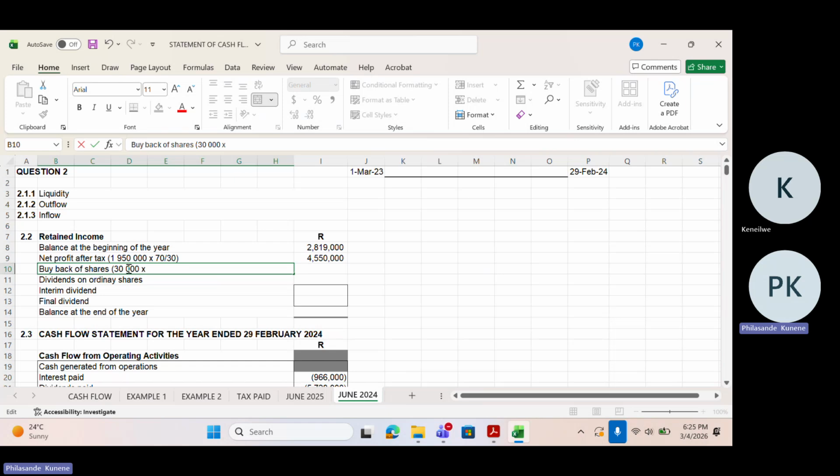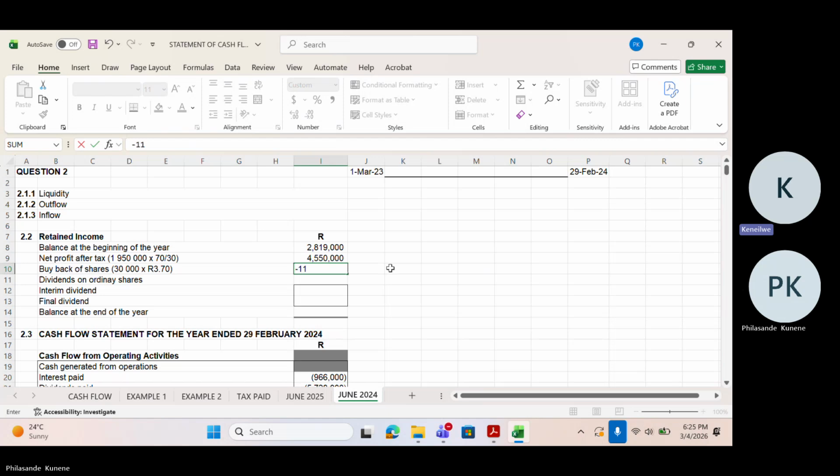This is the difference we're just taking, so we don't need to calculate the average share price for now. This is 111,000 rand, our buyback of shares, and it has to be in brackets because we're buying back the shares.